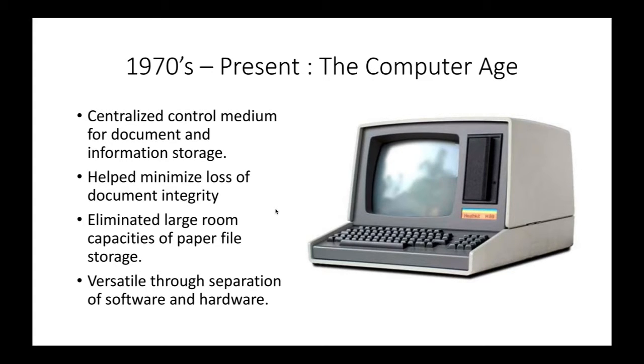And this was very inefficient because there was always the chance of documents being lost or stolen, or the long-term effects on document integrity. And so having an electronic copy of any document was good because it minimized the loss of document integrity, and it eliminated these large room capacities.